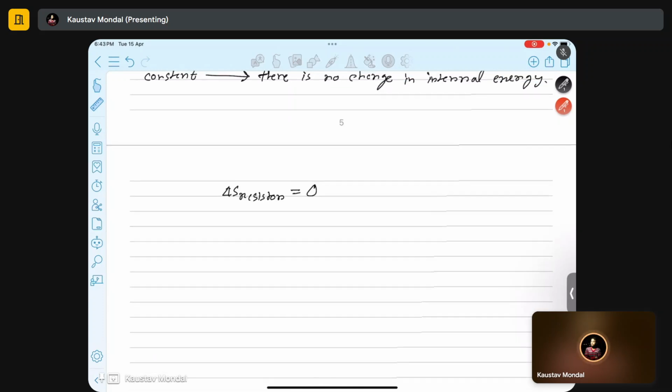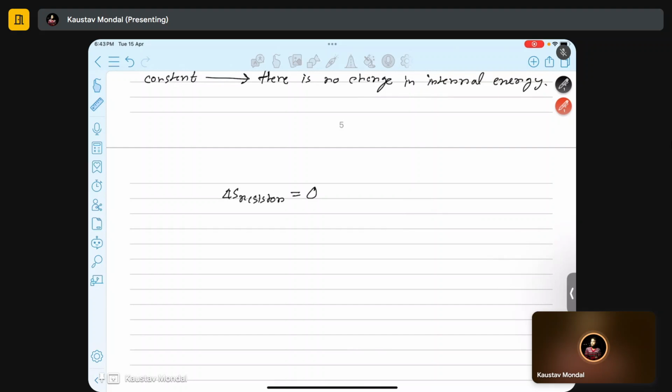So for calculating the change in the entropy in the surroundings, what basically happens here is, this is the wire, and whatever dq is coming, it's simply transferred to the surroundings.